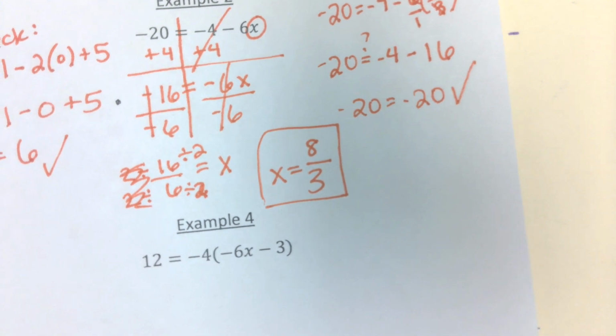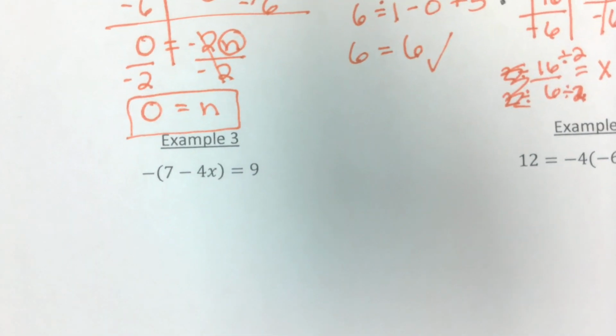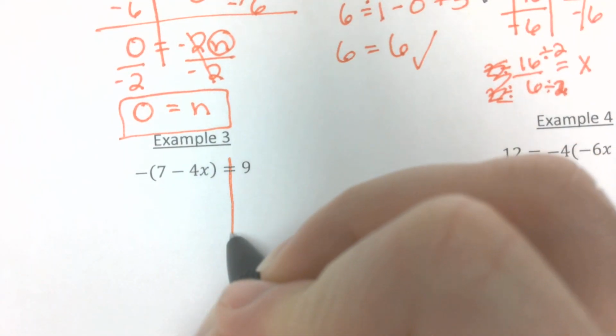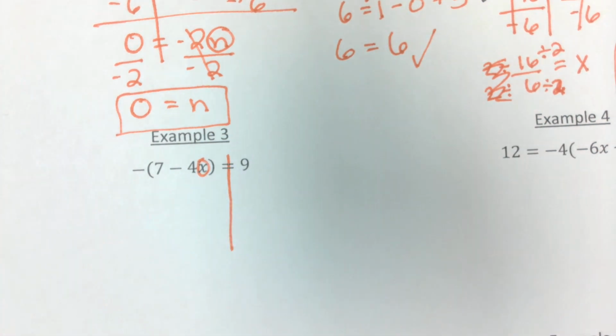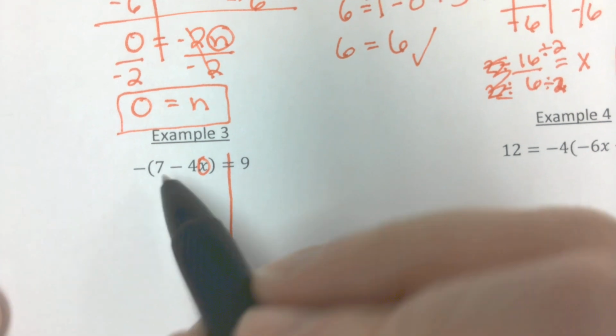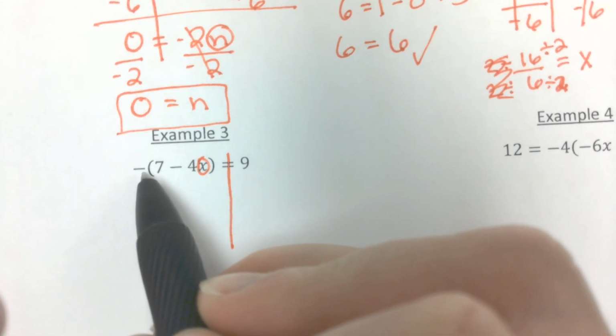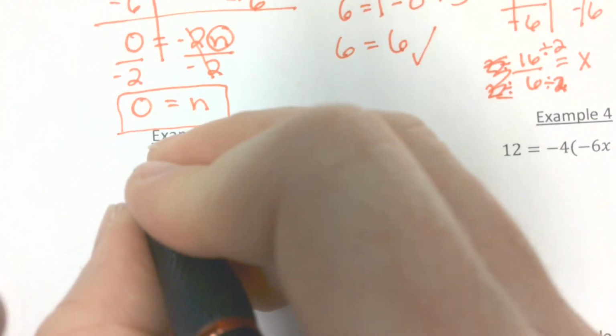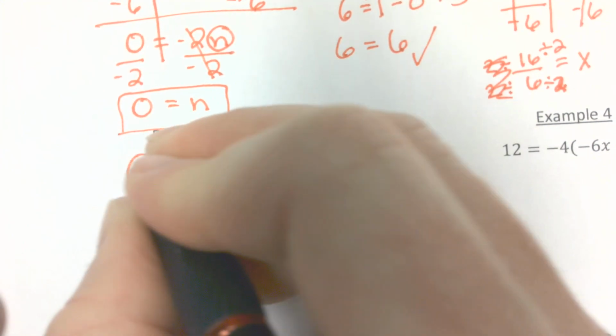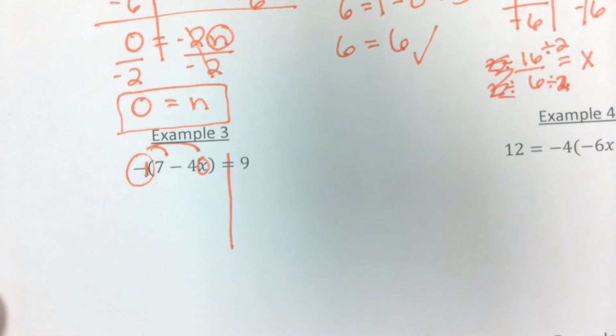Okay, let's go on to example 3. Draw your line down your equal sign. Circle your x. This negative out front means that it's really a negative 1 that we are going to distribute.